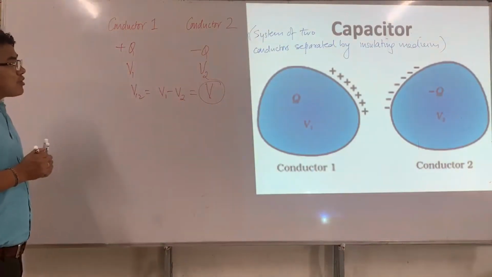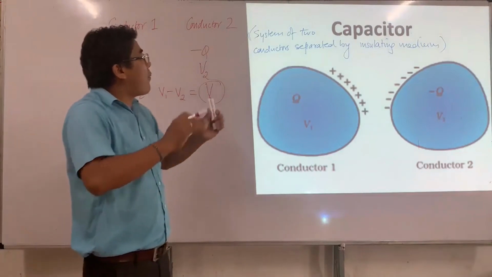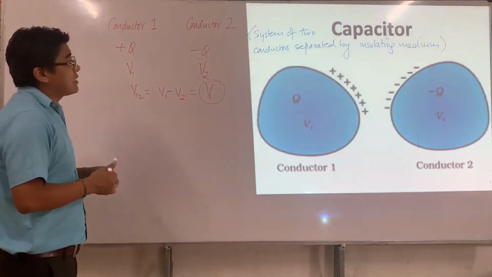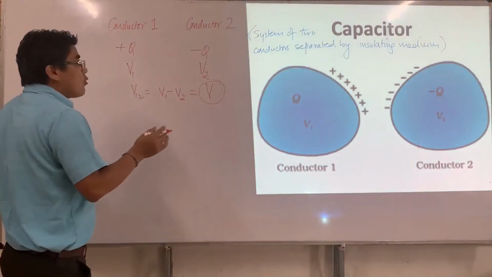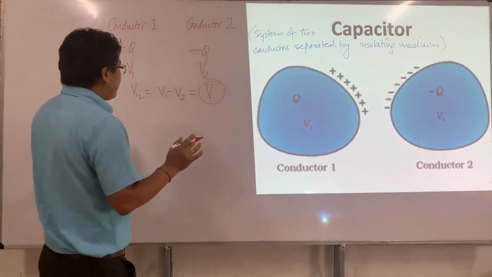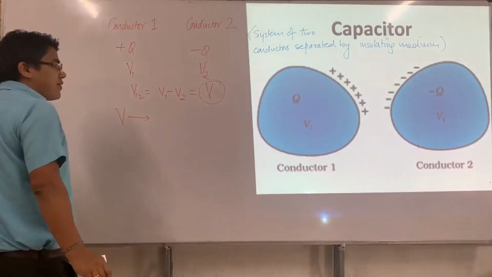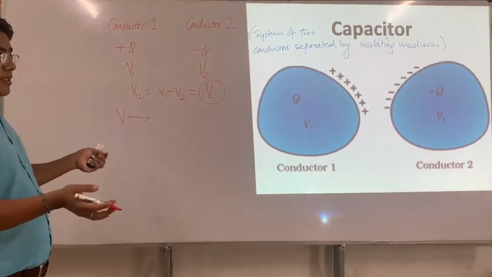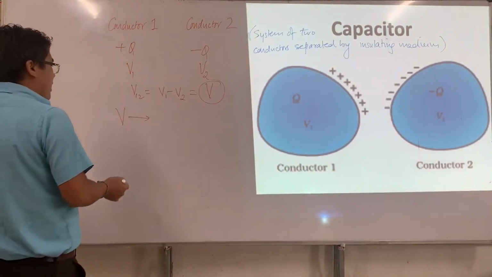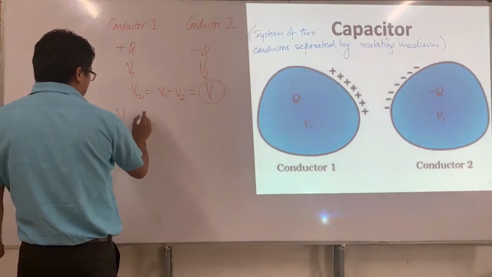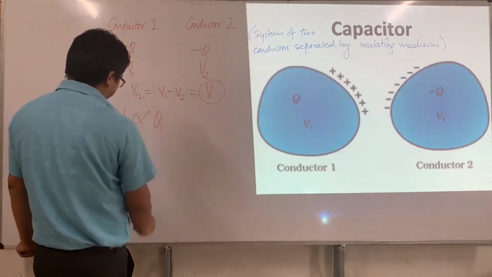All right. So now look here. Now I'm going to define what exactly, right? This V, the potential difference across the two conductors, is proportional to charge.